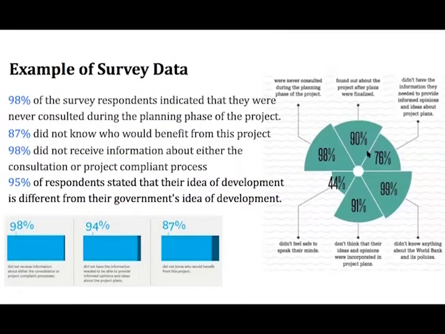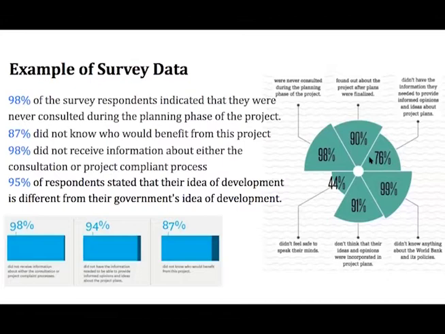I want to just show an example of survey data, what a community-led survey can provide in terms of the data, right? As you can see here, towards the end of the survey, you can get information, sometimes called quantitative data. It looks something like this.